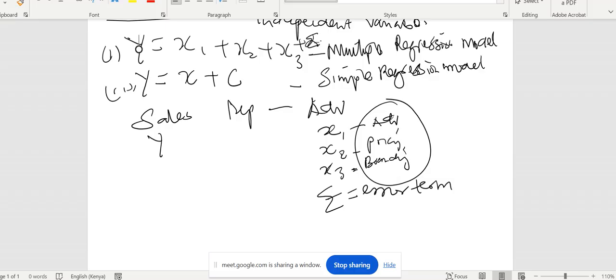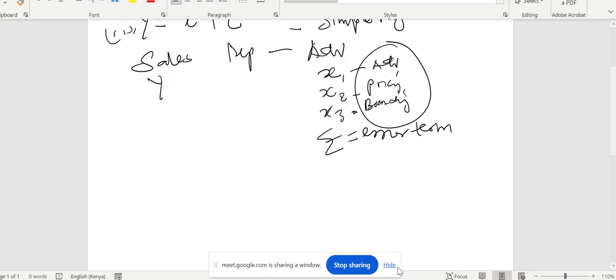Now we move to another term, what we call a function.